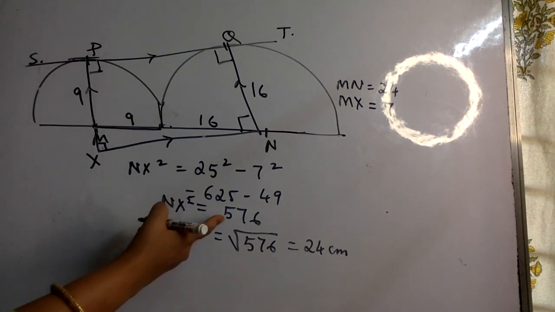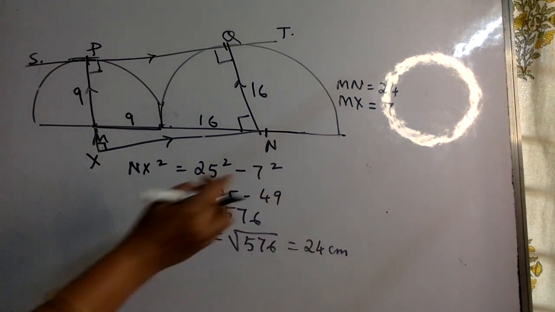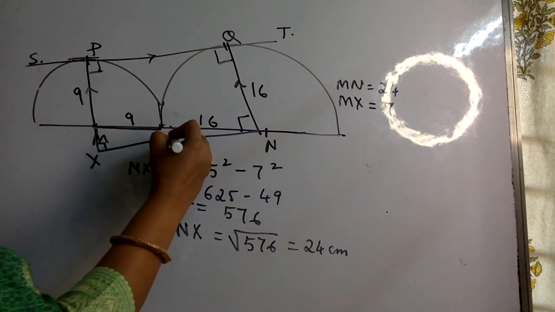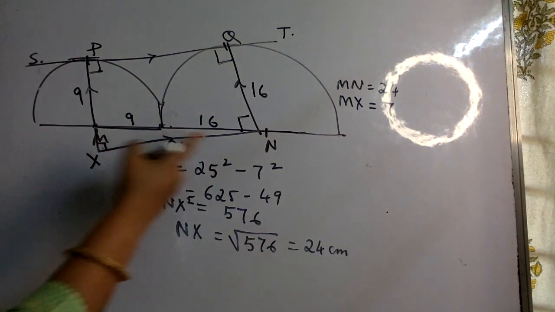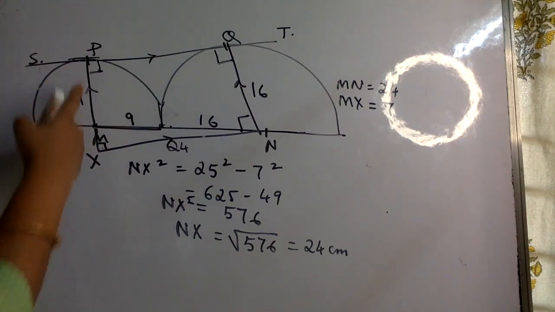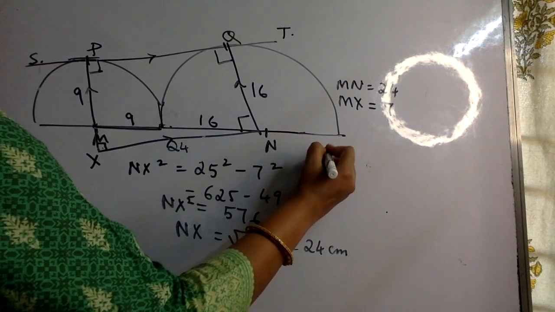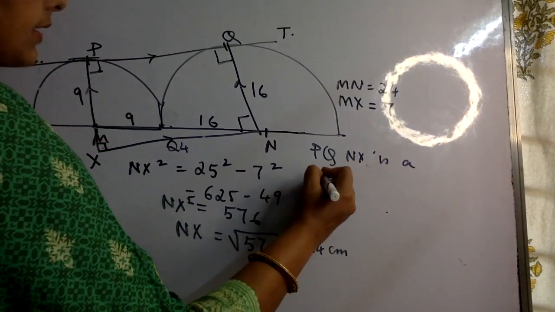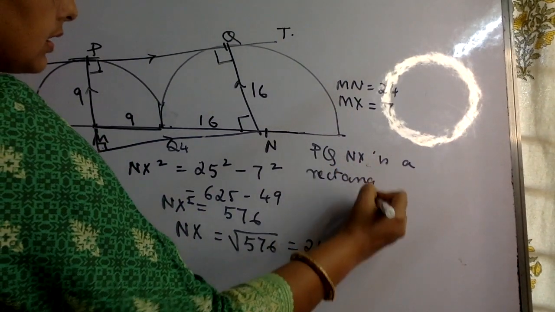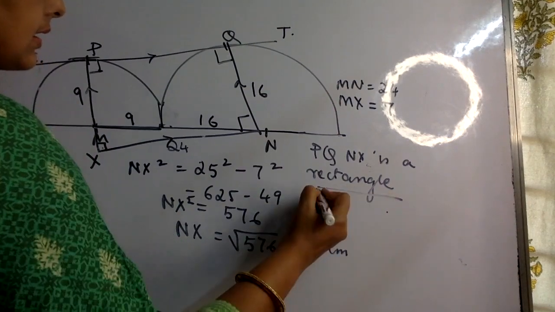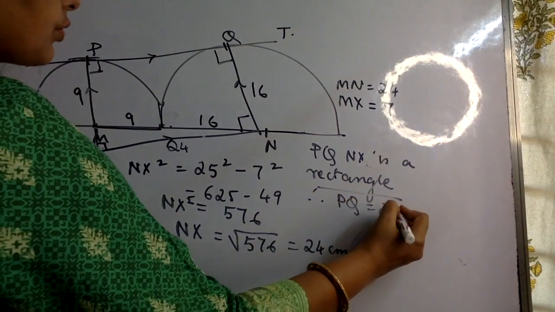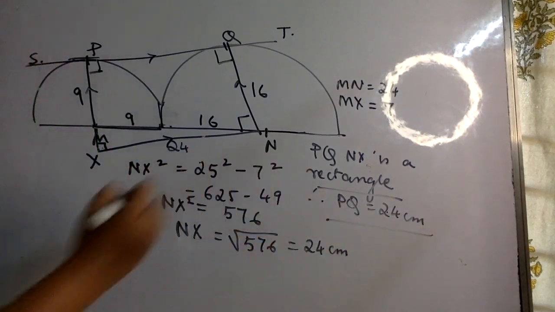You can find this by prime factorization. So this is 24 centimeters. If this is 24, then since PQNX is a rectangle, therefore PQ is also equal to 24 centimeters.